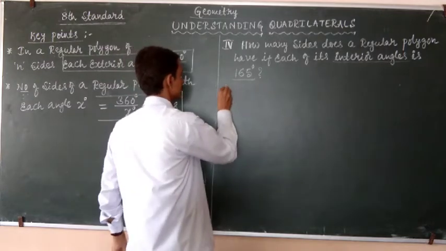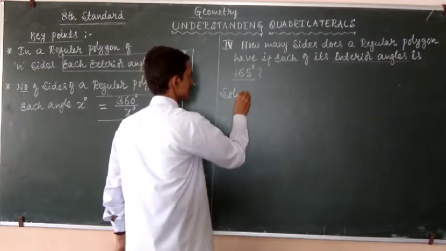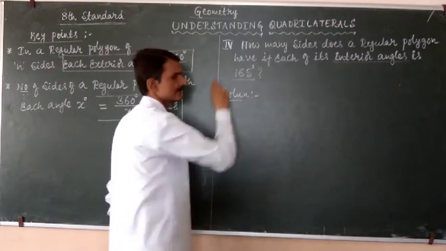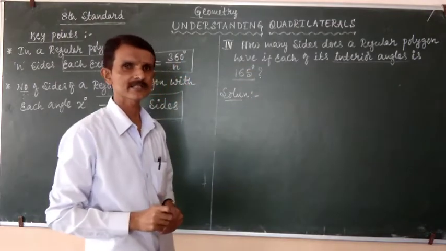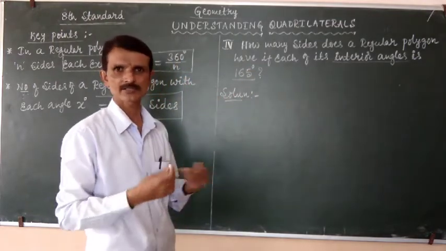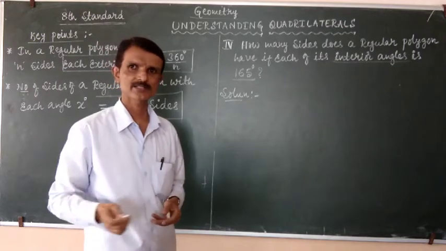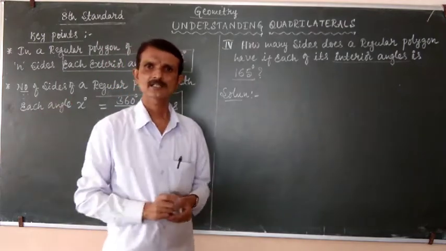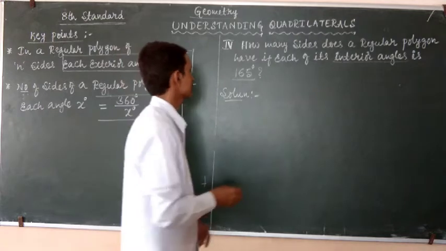It is obtained by subtracting 165 degrees from 180 degrees, because those two are linear pairs, as you have seen in the previous problems.